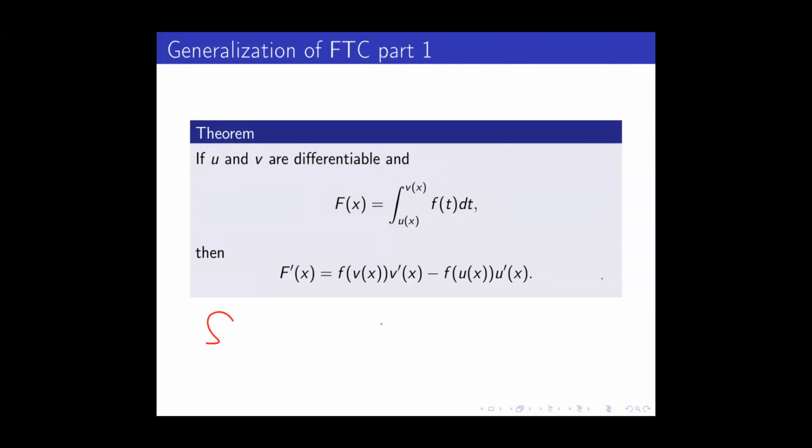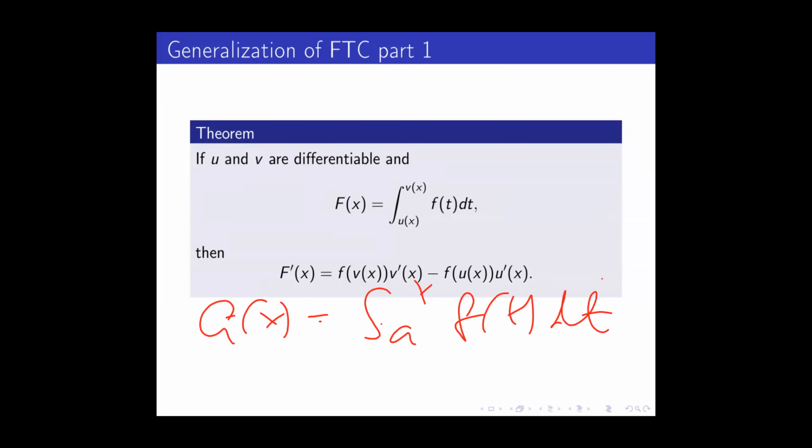We call it G. So G of x is the integral from a to x of f(t) dt. Then G prime of x is equal to f(x). That is what the fundamental theorem gave us. So it gives us this formula for the derivative of the area function.